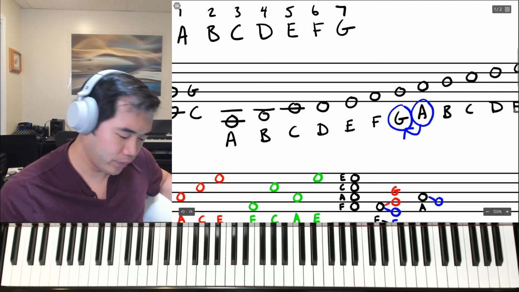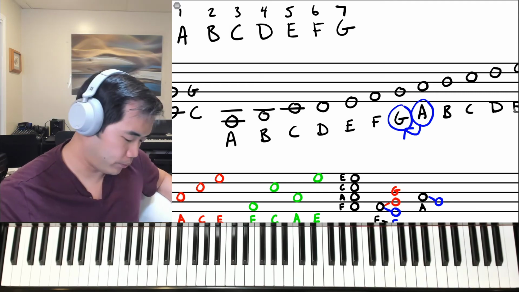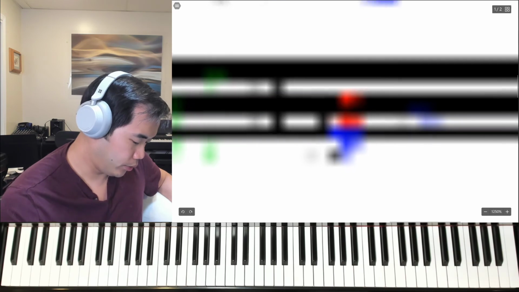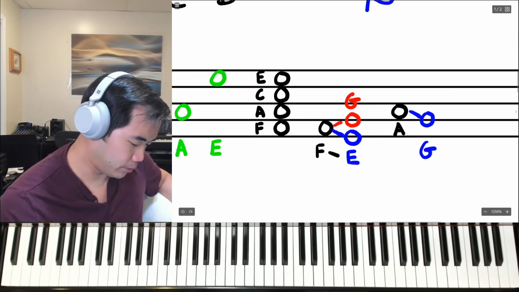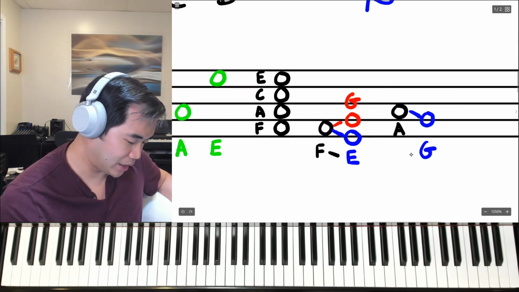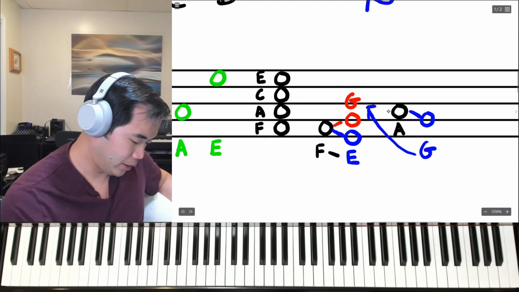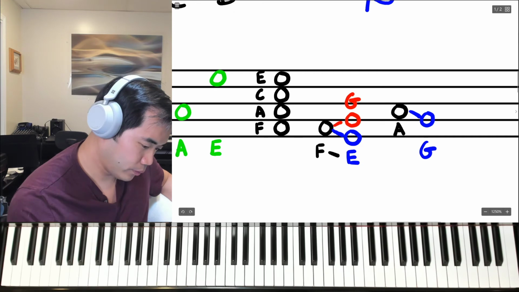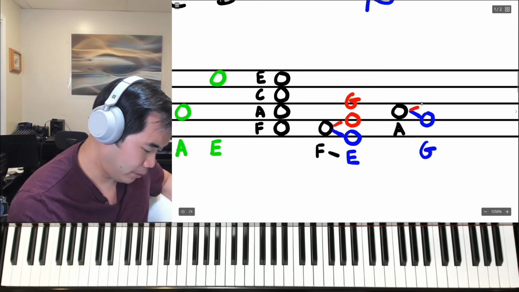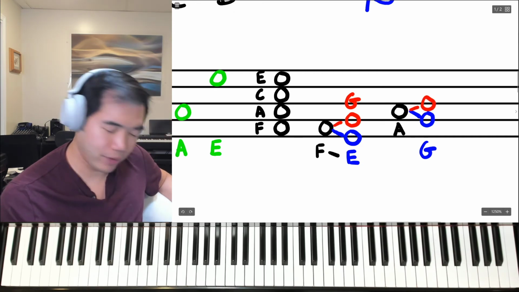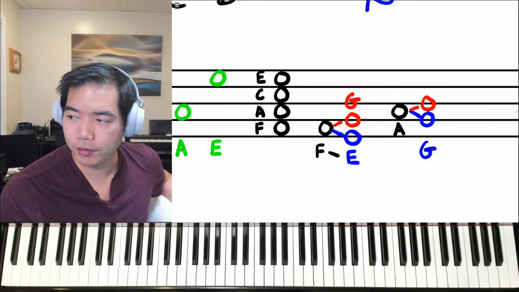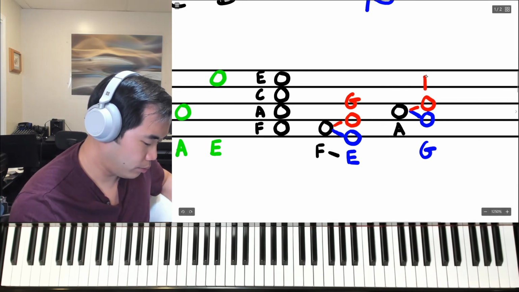That's right. It's the letter G. So this is the note G. And you'll notice it's exactly the same note as this one right here, right? They're the same note, G. And then the line above A, it's going to be the letter that comes after A, which is B.